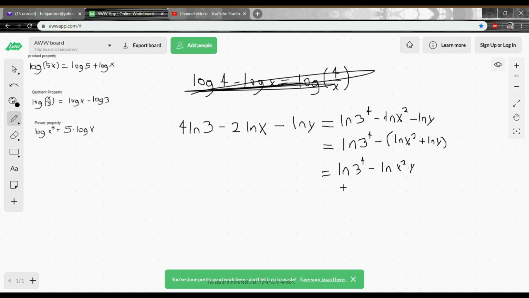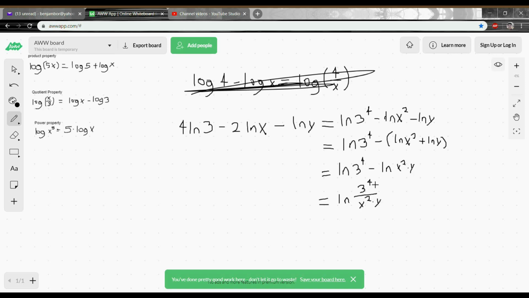We're going to use the quotient property to finish off this problem, so these two terms combine into the natural log of the first factor becoming the numerator and the second factor becoming the denominator.